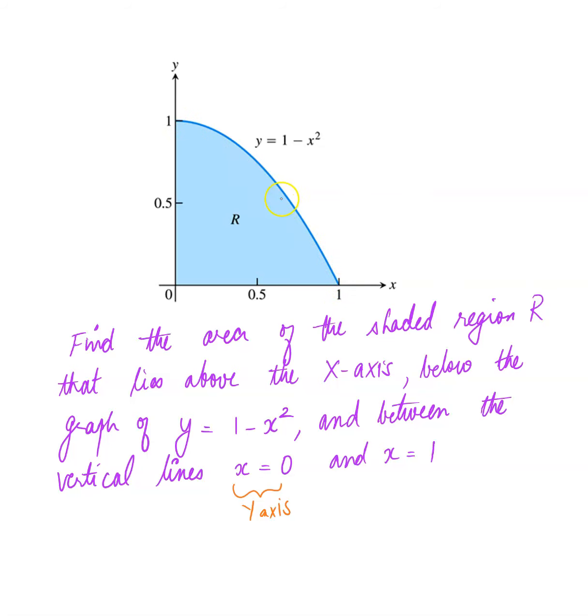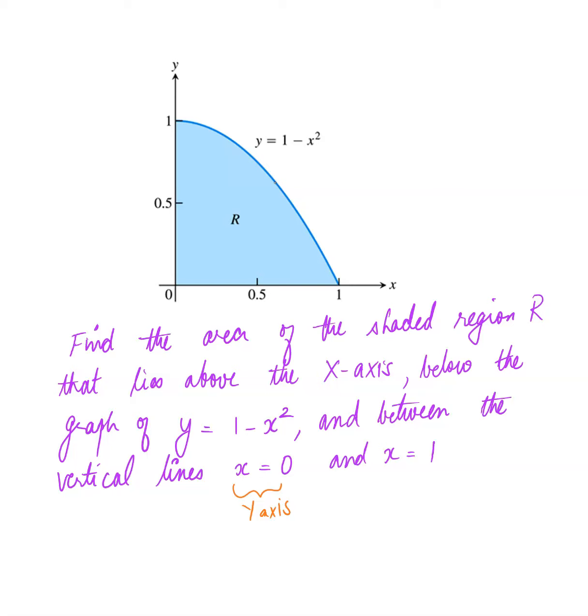And this is the graph, so we're looking at the area or the region below the graph. So it's below the graph, above the x-axis, and bounded on the left and the right by the vertical lines x equals 0 and x equals 1. This is the kind of language you'll begin to see in these area problems. Okay? Anyway, so how do we find the area is the question.